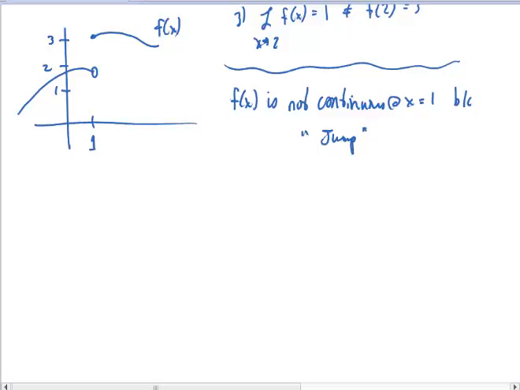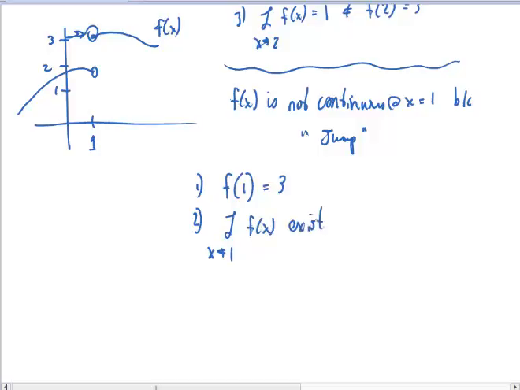But in terms of justifying a jump in AP Calc on the open-ended, you would have to say, does f of 1 exist? And you would say, yeah, f of 1 exists. It's got the value of 3. And the second part is, does the limit as x goes to 1 of f of x exist?